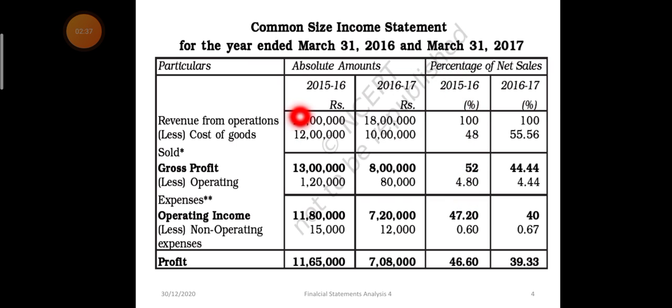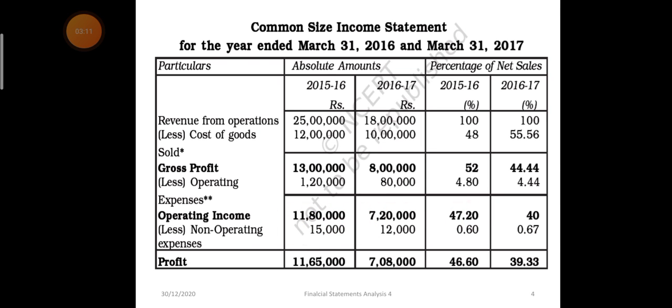So the first item, 25 lakh divided by 25 lakh into 100, it's 100%. 12 lakh divided by 25 lakh, here the denominator will be 25 lakh. 12 lakh divided by 25 lakh into 100, it's 48%. 13 lakh divided by 25 lakh, it's 52%. 1,20,000 divided by 25 lakh, it's 4.80%. 11 lakh 80 divided by 25 lakh into 100, it's 40%.